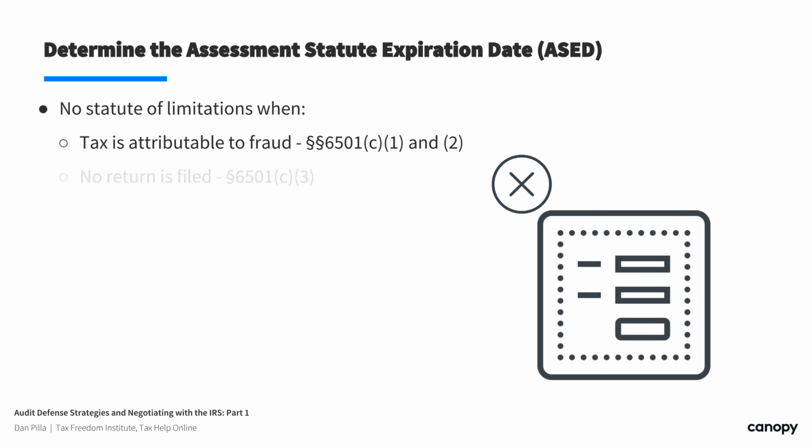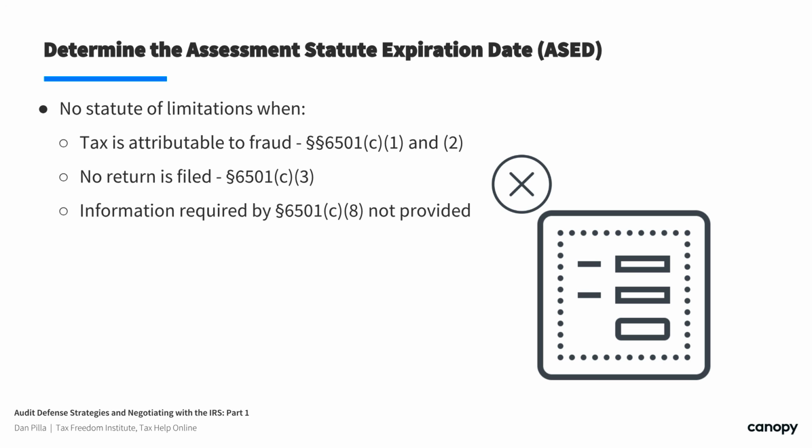If no return is filed, the IRS can go back 3 years, 5 years, 10, 20 years to chase a delinquent tax return, because the law provides for no statute of limitations in the case of an unfiled tax return. And then the next area is that if information required by Section 6501(c)(8) is not provided, then there's no statute of limitations. Now, 6501(c)(8) is the provision of the code that requires taxpayers with certain offshore assets to file that Form 8938.